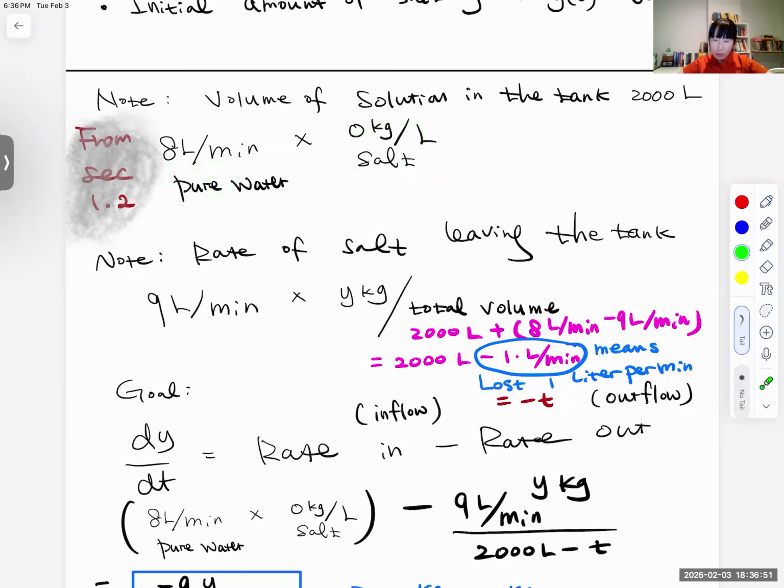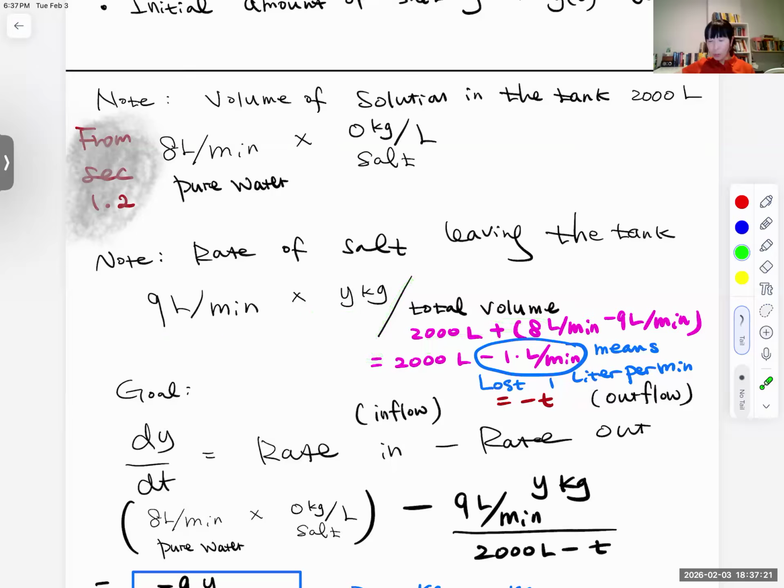Now the drain is a different story, because there was 2,000 liters with 60 kilograms of salt. We drain out 9 liters per minute, and we don't know how many kilograms of salt per total volume.